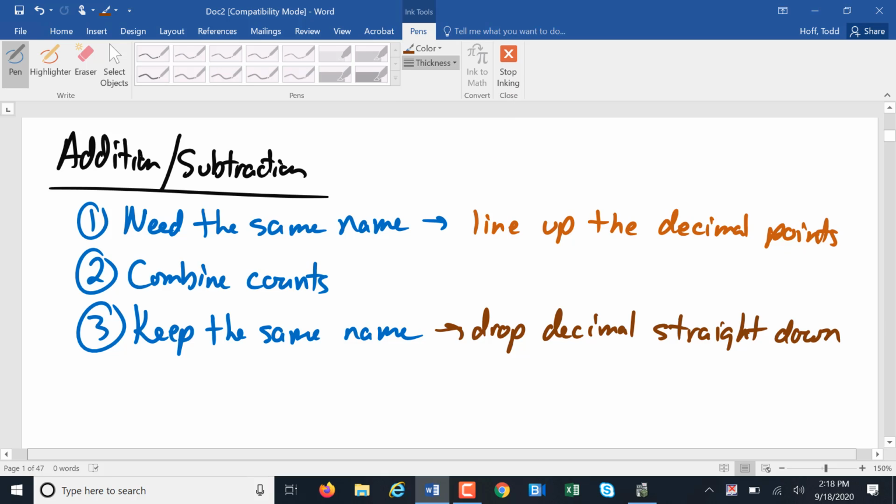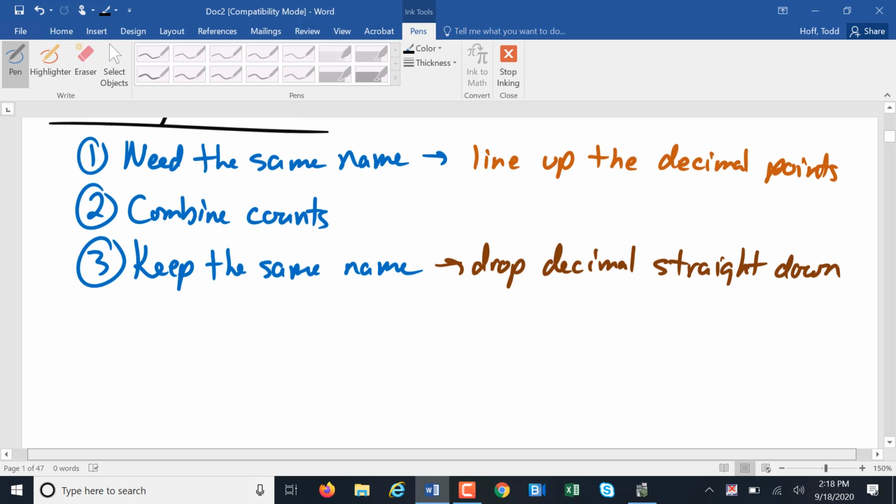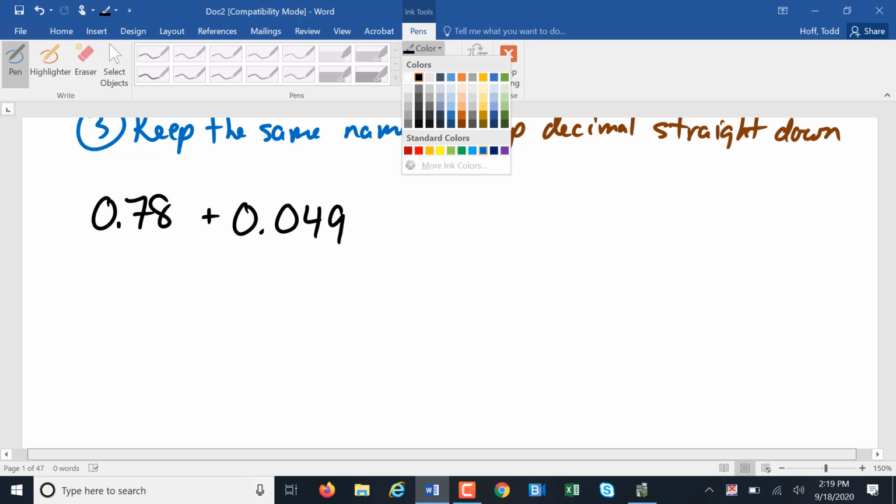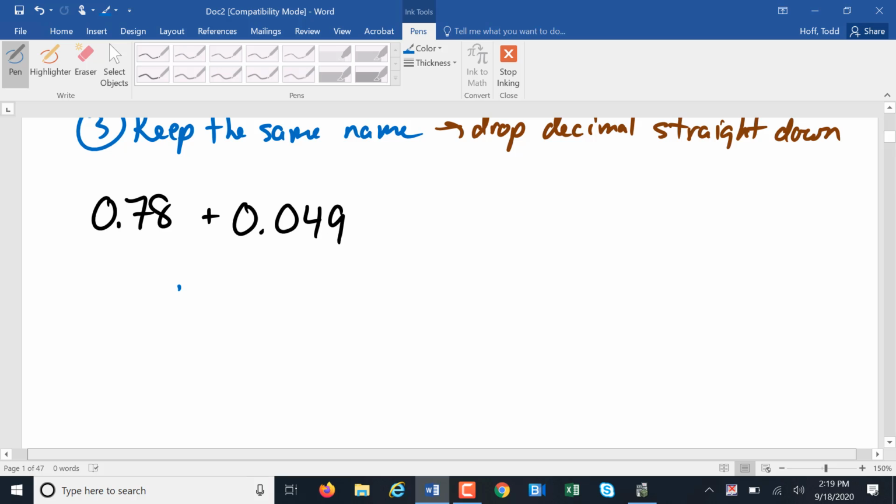So let's do a couple of examples real quick. So we might have 0.78 plus 0.049. When I go to add these, I'll write the first one, the 0.78.